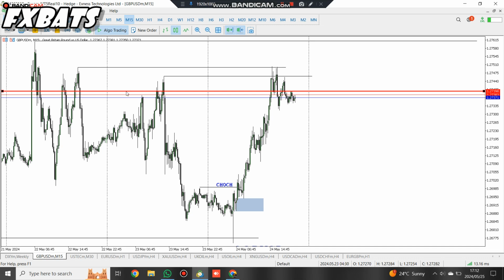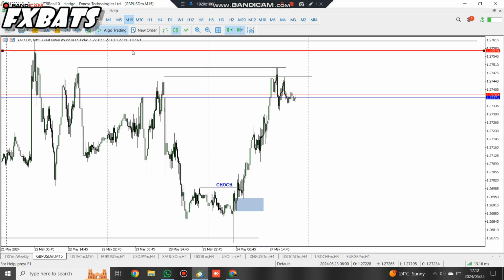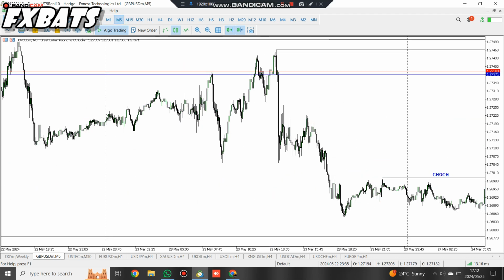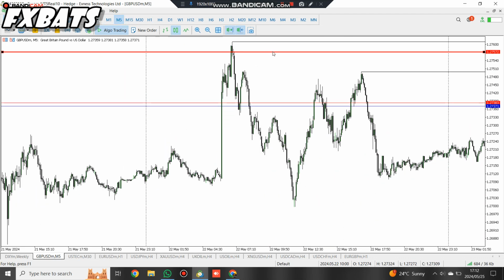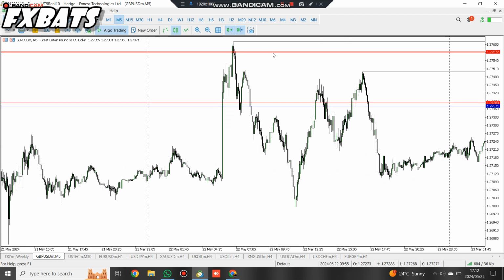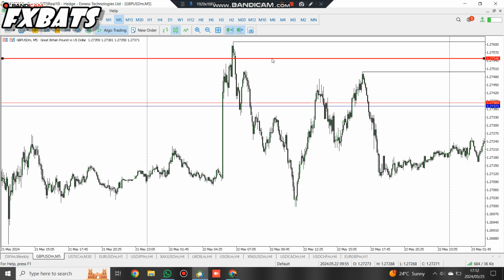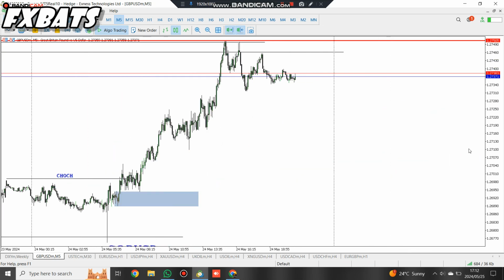It was the order block somewhere here. Yes, so if you go on 5 minutes, you can still see it clearly, that order block. This is the order block area, the extreme high, and we still have this fair value gap in between. So I was targeting this fair value gap area.